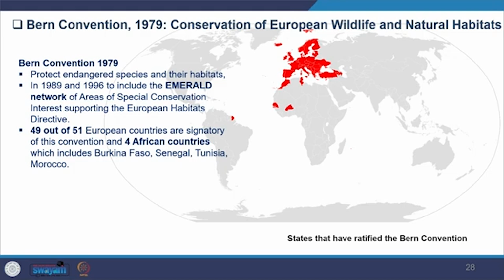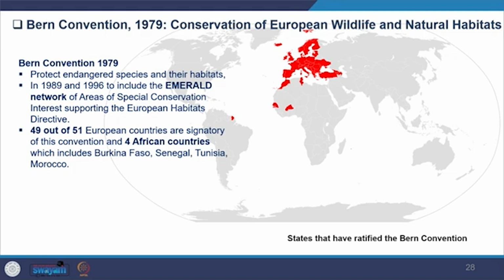It later included Emerald Network of Areas of Special Conservation Interest and supporting the European Habitat Directives. So with that it added the Emerald, and if we see what is Emerald, Emerald network is an ecological network made up of areas of special conservation interest.